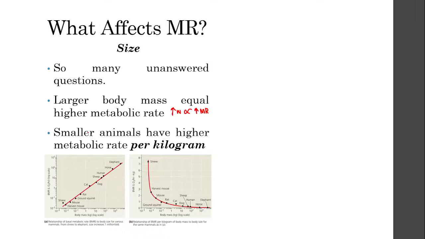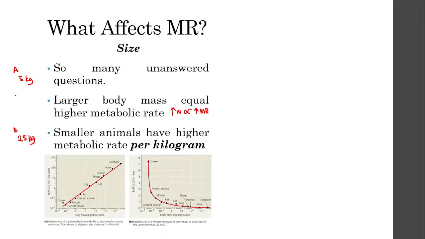But why is it that the smaller animal have higher metabolic rate per kilogram? Okay, so I want you to think of it this way. You have two animals. Animal A, let's say, is about 5 kilogram. Animal B, on the other hand, is 25 kilogram.